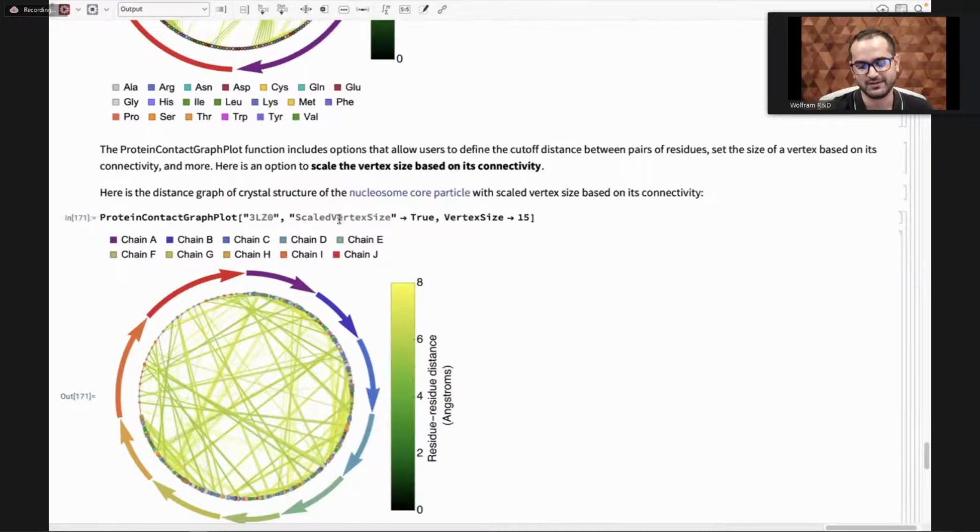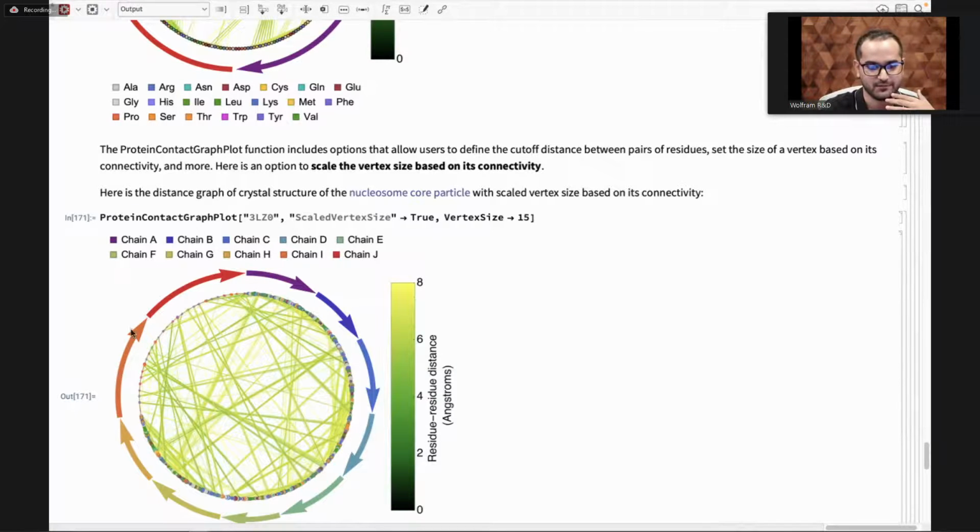Setting scale vertex size to true scales the size of the residue, or amino acid or nucleic acid, based on its connectivity. So the more connected a residue is, the larger its size is. That can help you, for a large protein, identify important residues or residue pairs or sets of residues that are close to other residues.